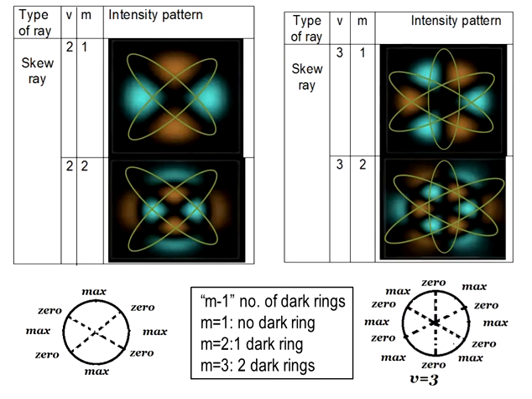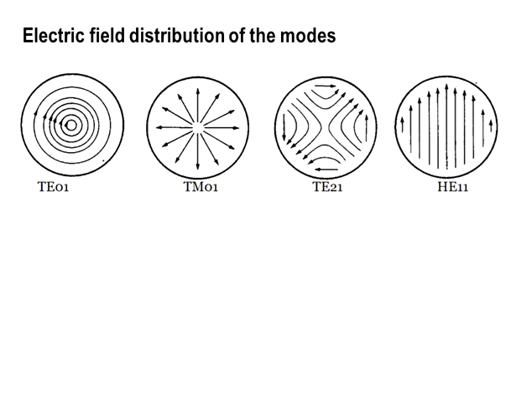Now this is regarding the intensity pattern inside the optical fiber. If we consider the electric field or the direction of the electric field, that we can see in this diagram. If we consider the TE01 mode, then V equal to 0, that means the field will be circularly symmetric in nature.